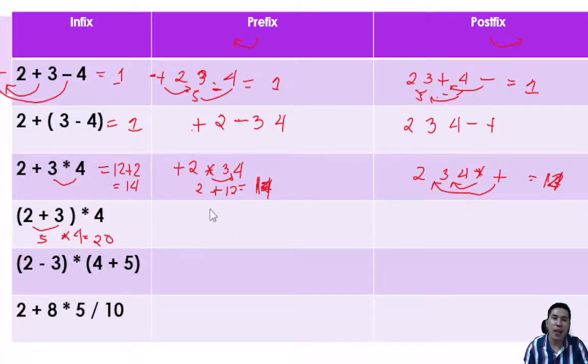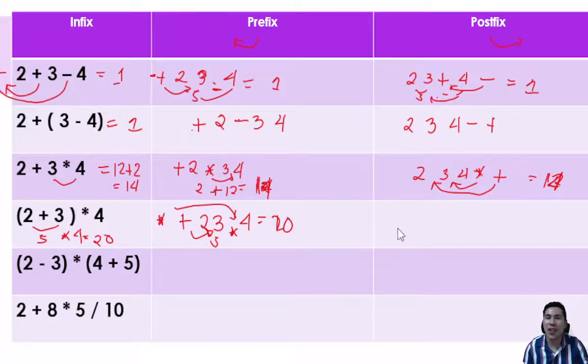In your prefix notation, you should have something like this: 2, 3 plus, and then times 4, which is 2 plus 3 is actually 5, then 5 times 4 is 20.